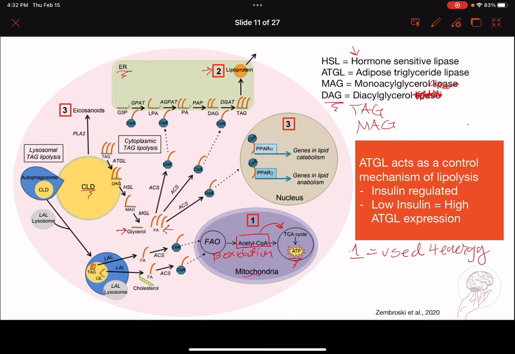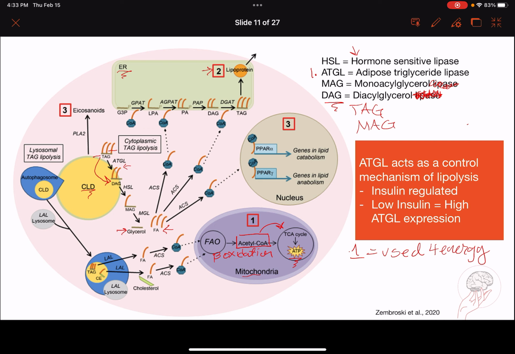So to do this, we're going to use a series of 3 lipases. The first lipase is adipose triglyceride lipase, ATGL. ATGL clips off 1 free fatty acid. That takes a triacylglycerol and makes it a diacylglycerol because now we have 2.